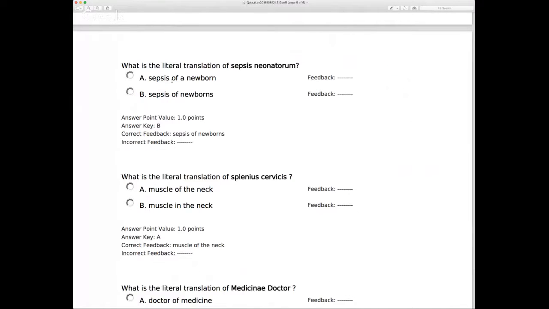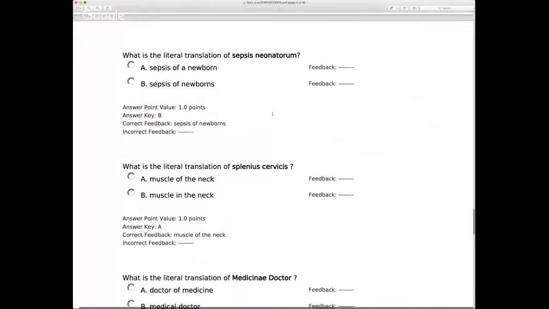But generally, when you have these pairs of words, they're both Latin words. They tend to use a noun followed by another noun, which is in the genitive. The genitive is translated with of. So the first thing you need to do for these questions on the genitive is make sure you have of in your definition.